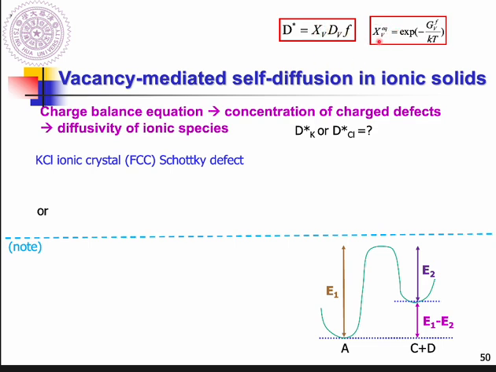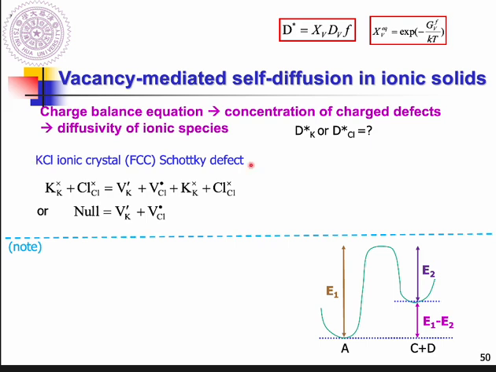Based on prior knowledge, we know the fraction of vacancy is related to the vacancy formation Gibbs free energy. Here, the energy that controls the vacancy formation is the Schottky defect formation Gibbs free energy, so it will be something linked with this.